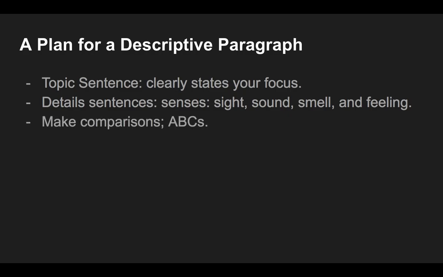If you want to, you can make comparisons, and in particular, I like the use of both metaphors and similes. Metaphors are direct comparisons using the verb to be, and similes use an indirect comparison using like or as, and always use your ABCs, so accuracy, brevity, and clarity of the points that you're trying to convey to your readers.